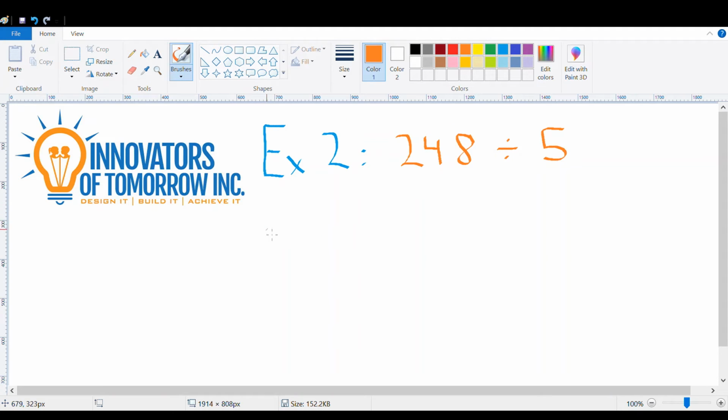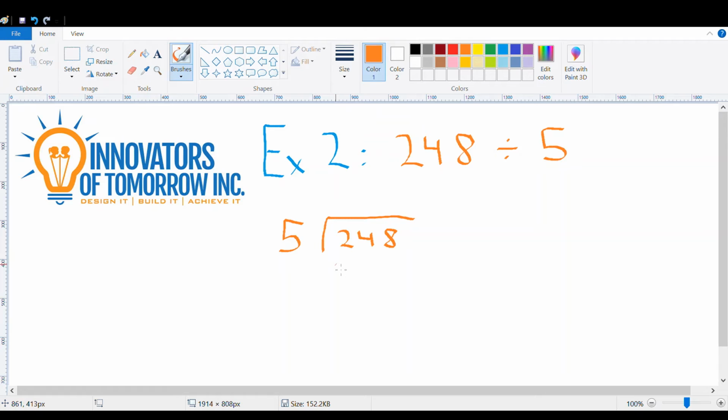Let's try another example. First, we should set up for long division. We take our divisor 5 and see if it can fit into the start of the dividend. 5 can't fit into 2, so we add on another digit. 5 can fit into 24. 5 can go into 24 4 times.